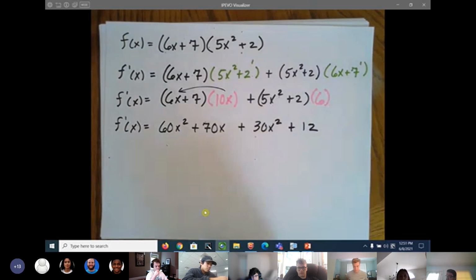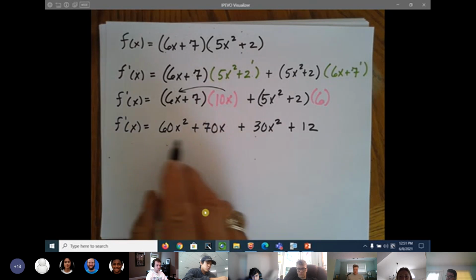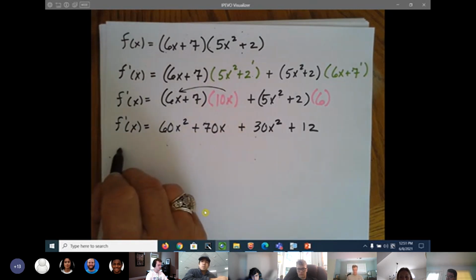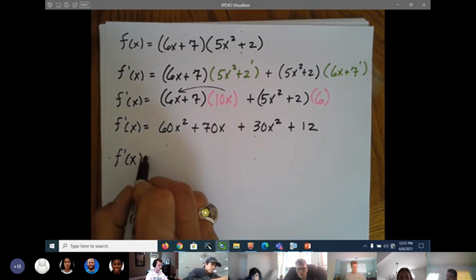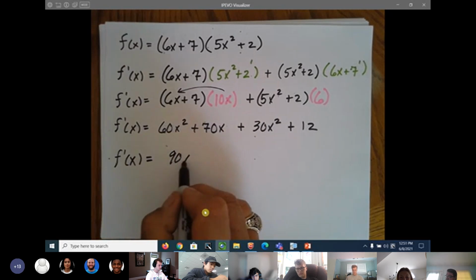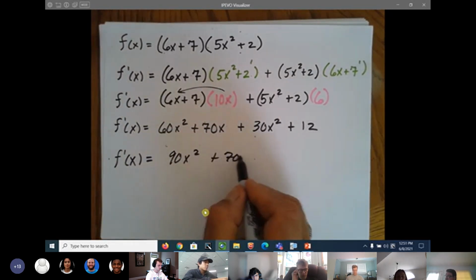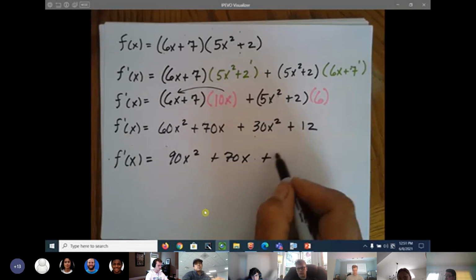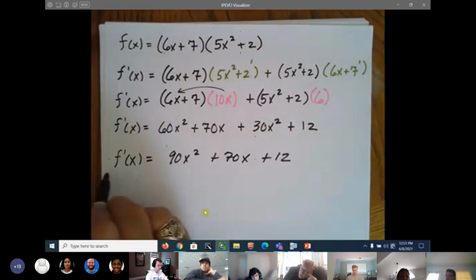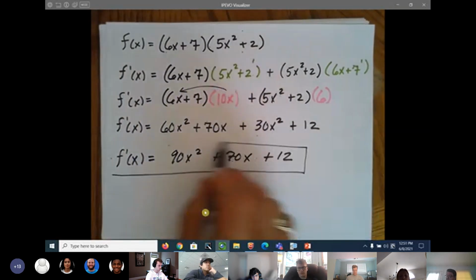Y'all check me. And it looks like that's the answer, except for it'd be 90. So f prime of x is equal to 90x squared plus 70x plus 12. Oh my gosh.